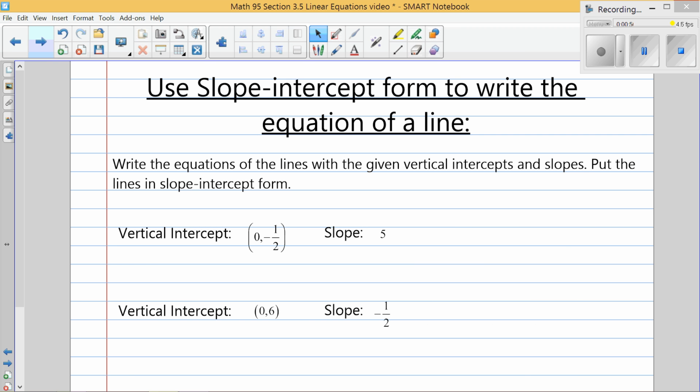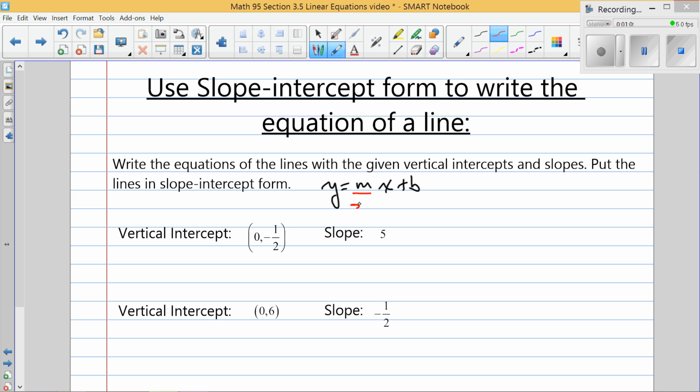I'd like us to write the equations of lines with our given slopes and vertical intercepts, and we want to put them into slope-intercept form. As you may recall, slope-intercept form is y equals mx plus b.